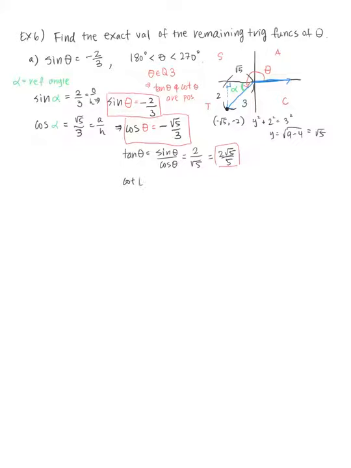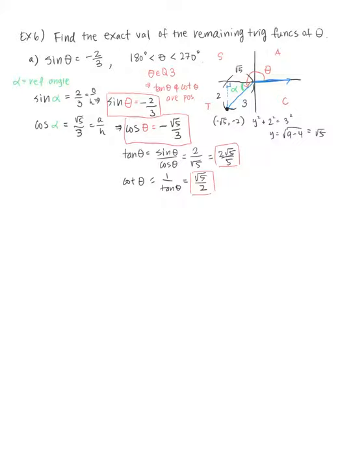And cotangent of theta is 1 over tan of theta. So here you're going to have root 5 over 2. All right, does it make sense? Sine is negative, cosine is negative in quadrant 3. Tangent and cotangent turn out to be positive. So we're good to go.